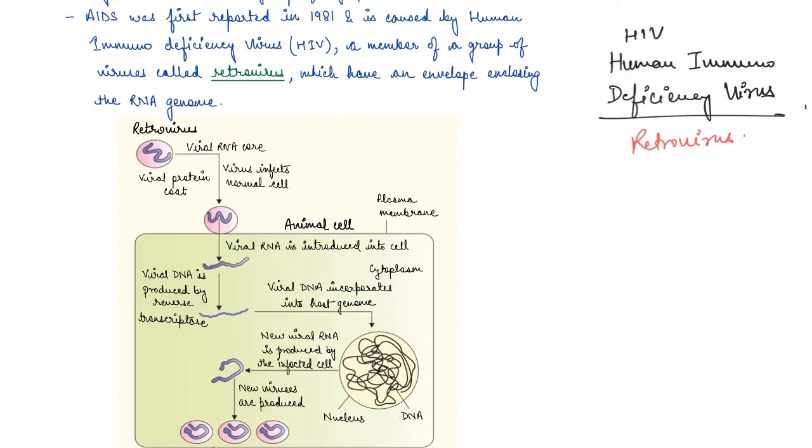If an infected person's blood contains the virus and that person donates blood to the blood bank, and that blood is transfused into a healthy individual, it might cause HIV. If you go to a hospital for an injection and that injection has been used before on an HIV infected person, and the same injection is used on you, you might have HIV.